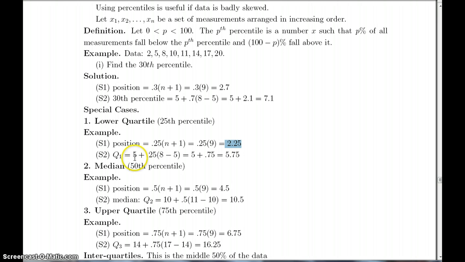So it's the second measurement, 5, plus this 0.25, and the difference between the second and the third is 8 minus 5. So I do the calculations, and I get 5.75.